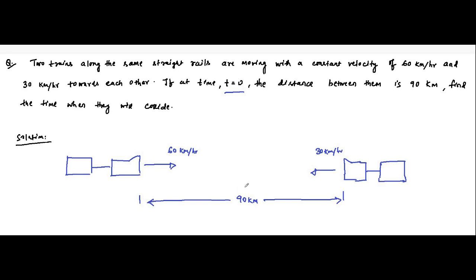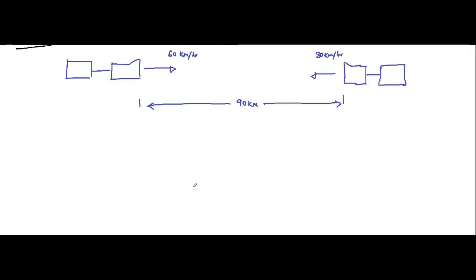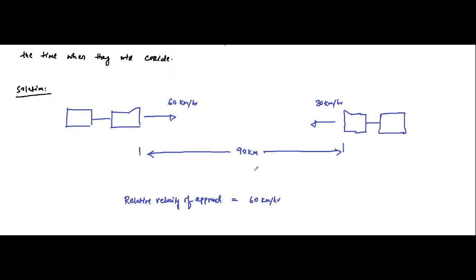So here the concept of relative velocity will be used to determine at what particular time this collision will take place. So here the relative velocity of approach between these two trains is equal to, okay, relative velocity of approach. It will be 60 kilometers per hour. Okay, again an important thing is to put the sign. It is moving towards the right.